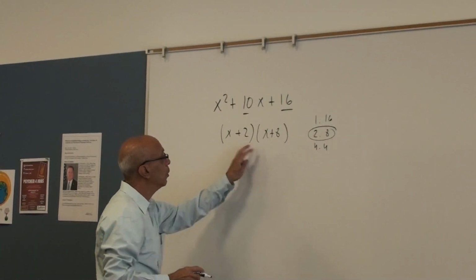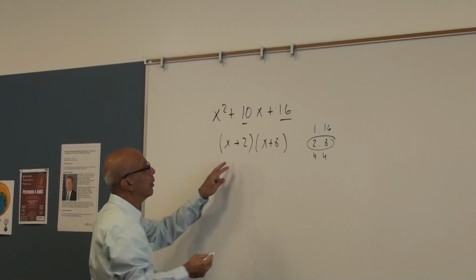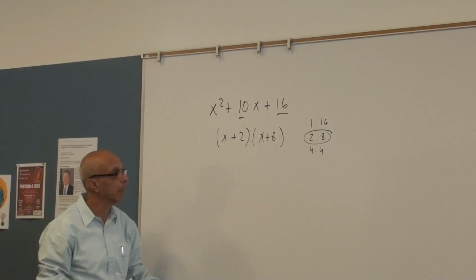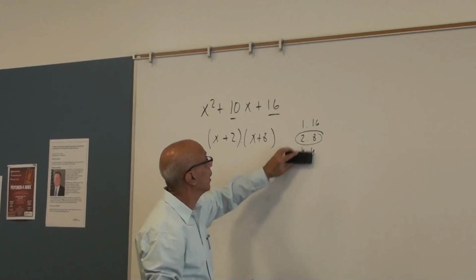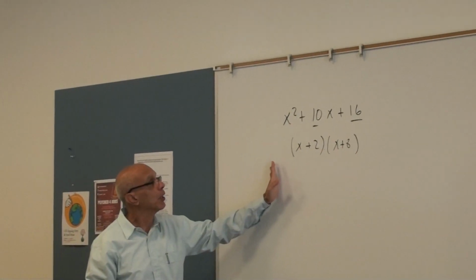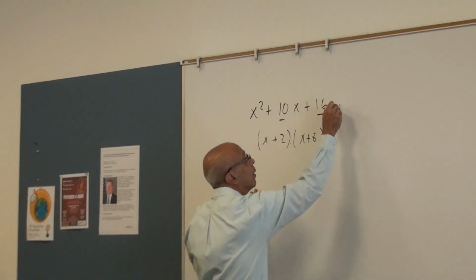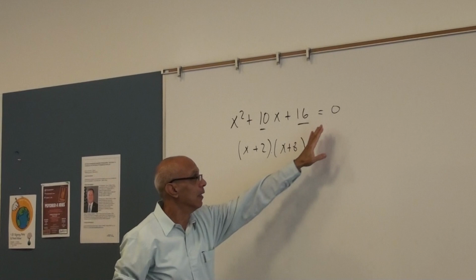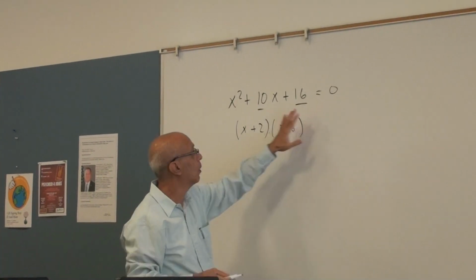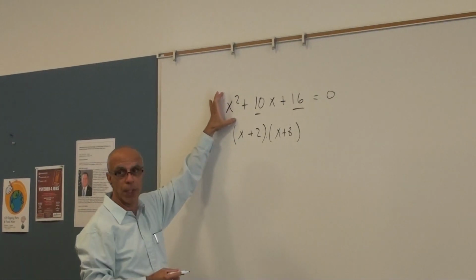So it's easy to factor that. So that would be the two binomials that represent this quadratic equation. Not quadratic equation yet. Right now, it is an expression, right? Because there is no equal sign. Now I have an equal sign and I have equal to 0, and now this is an equation.